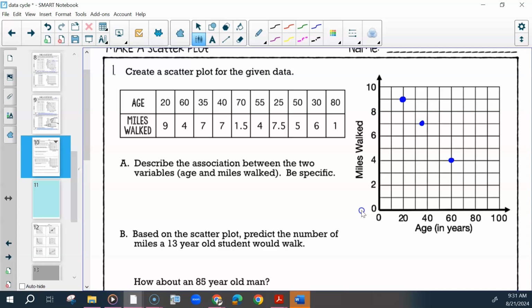40 and 7, 70 and 1.5. So 1 and 1.5 would be like right here. 55 and 4. 25 and 7.5.